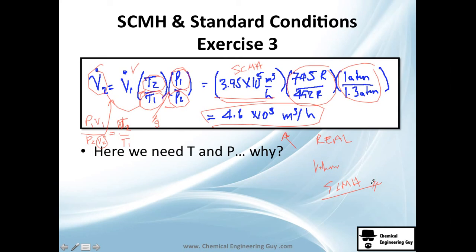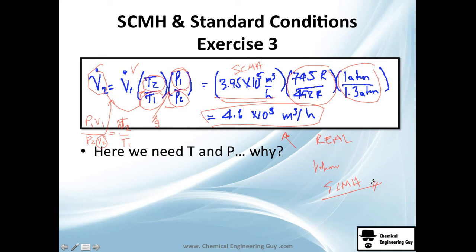But since that is not the real volume, and that is not the real temperature, and that's not the real pressure, it's kind of tricky. It's just like a reference number, just to get to know if it's a lot or not that much, or to compare with other streams. But please make sure to understand that SCMH is not a real number. It's just a reference value.